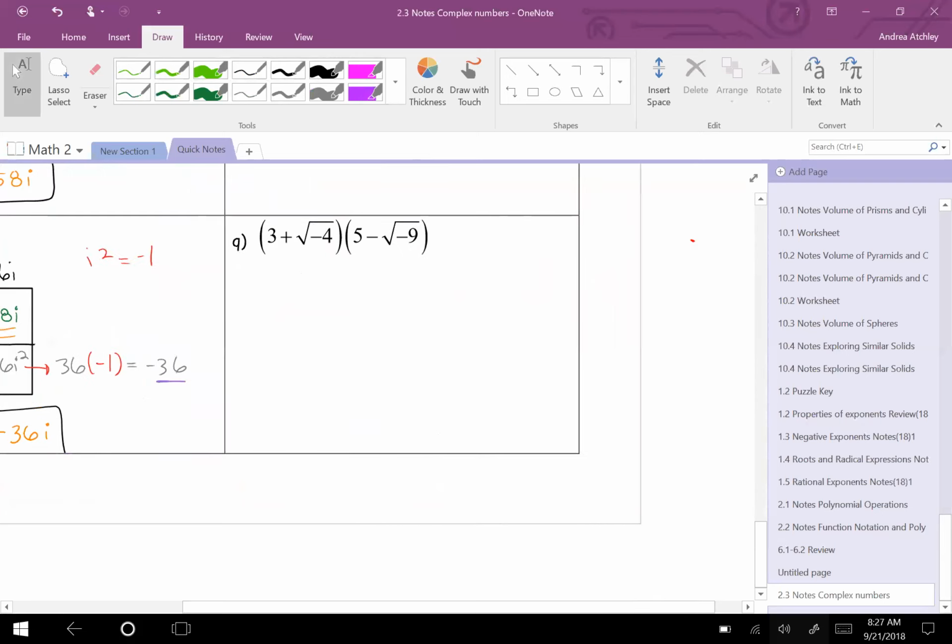Okay, next one. We have to do one step before. We have to simplify the radicals. What we're going to do here first.